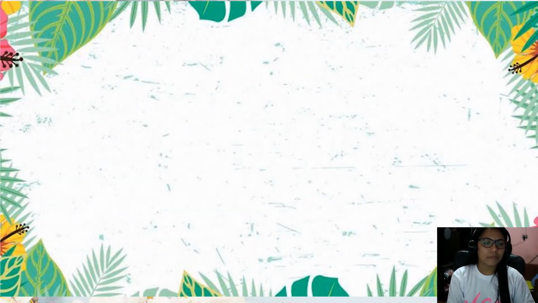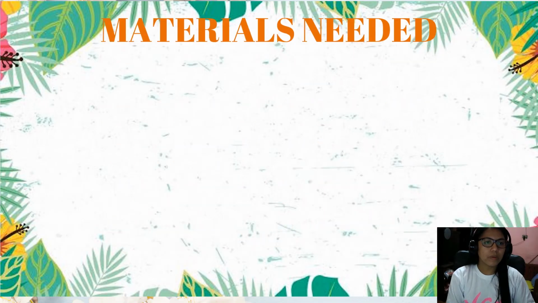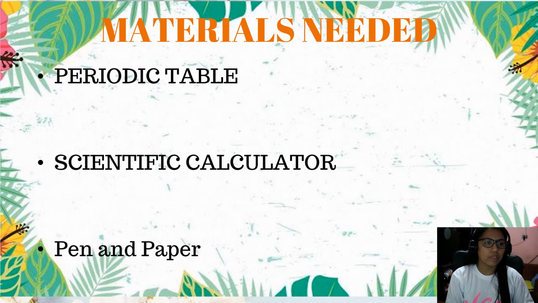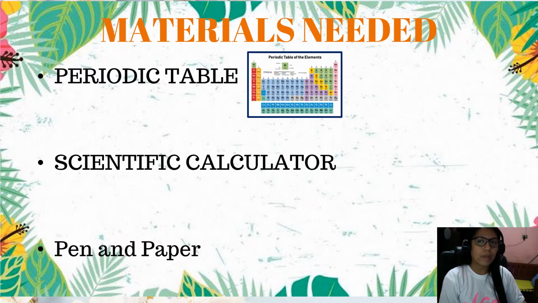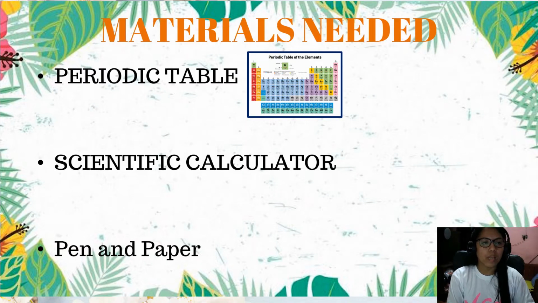Okay. So what are the materials needed in computing or calculating the percentage composition. These are the materials needed. The first one is periodic table. Bakit kailangan natin ng periodic table? Diyan kasi natin makikita or mahahanap yung atomic mass ng bawat element.